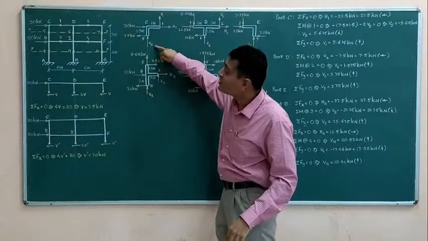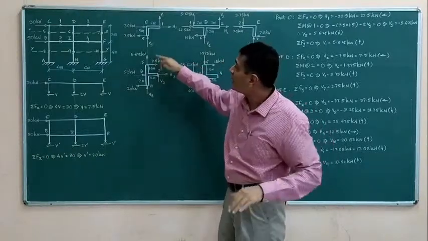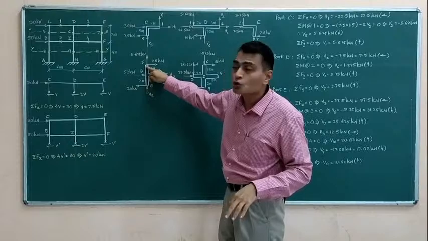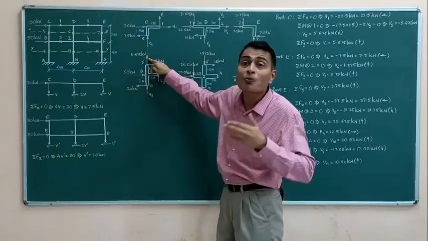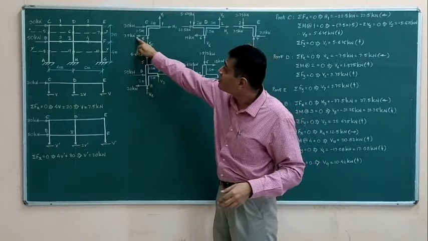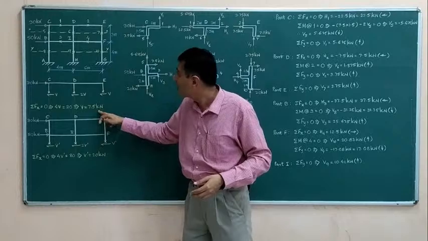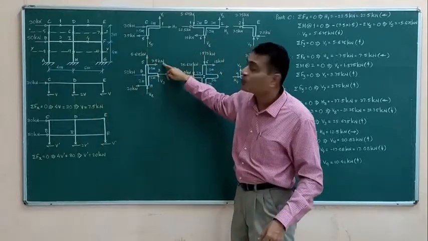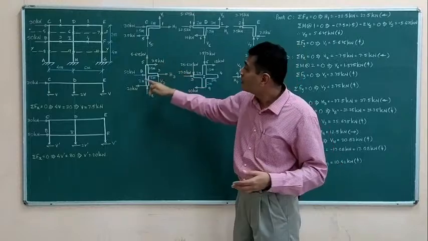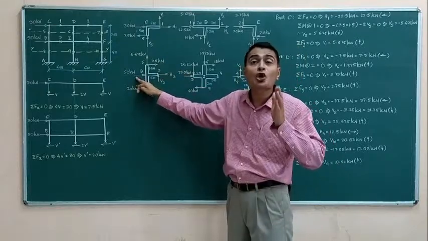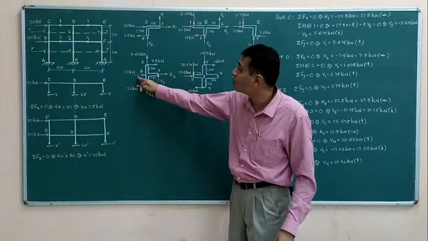If this is 5.625 kilonewtons downwards, its counterpart at the same connection, joint 5, I am showing 5.625 kilonewtons upwards. If this is 7.5 kilonewtons leftwards as found here, equal and opposite 7.5 kilonewtons rightwards I am showing. This 50 kilonewtons, please do not forget, you are most likely to forget this 50 kilonewtons.